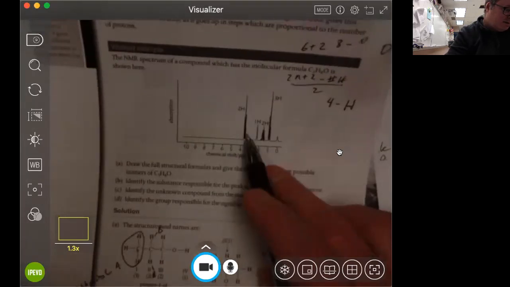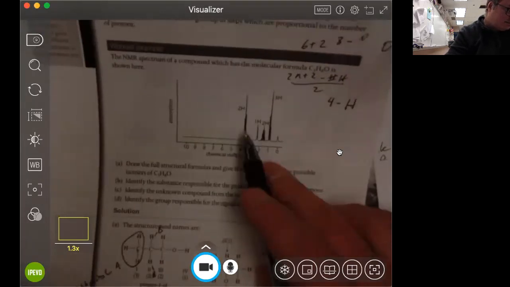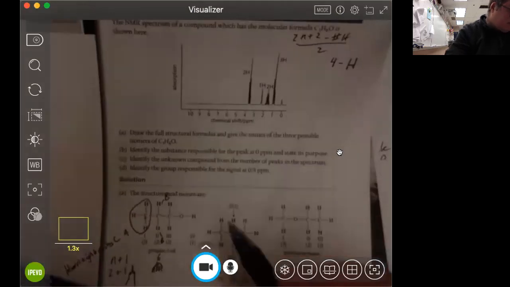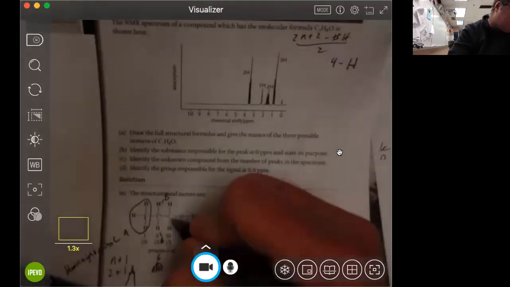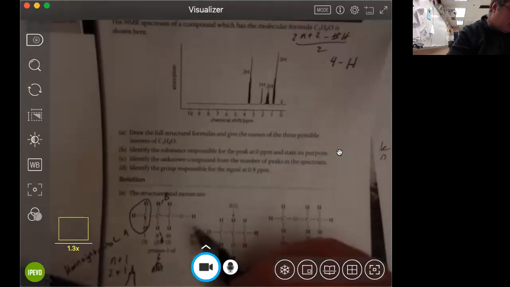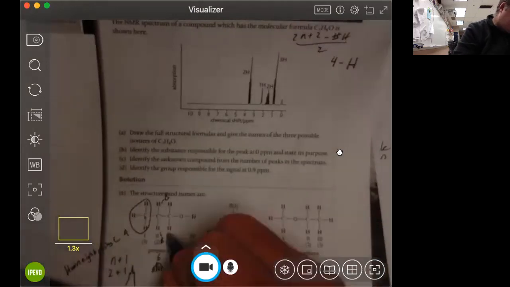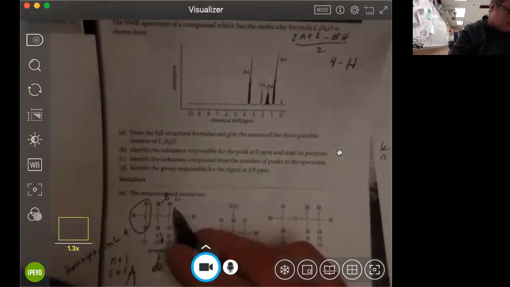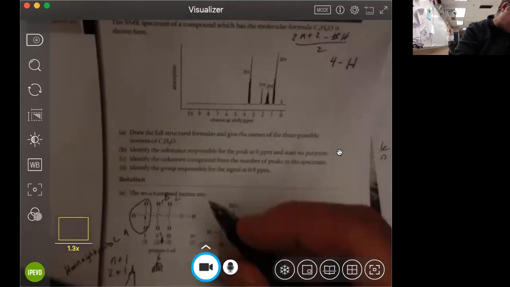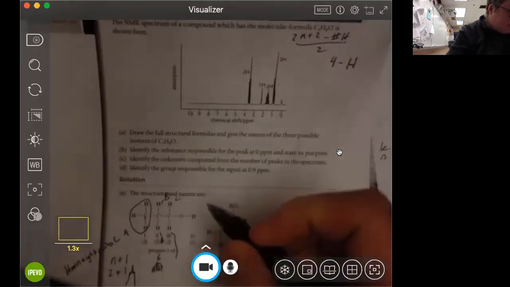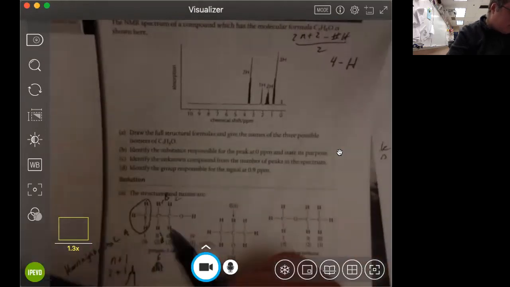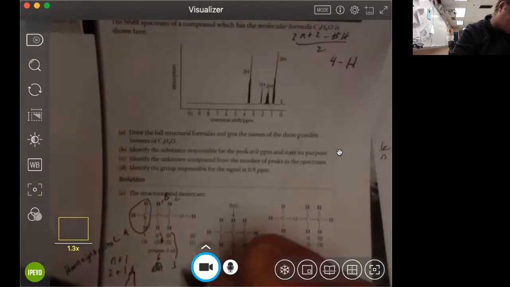Here we have 1, 2, we'll call this C. Even though they're on a CH2, these hydrogens are different than the hydrogens on this CH2, right? What is their spike going to look like? Yeah, so it would be 3.